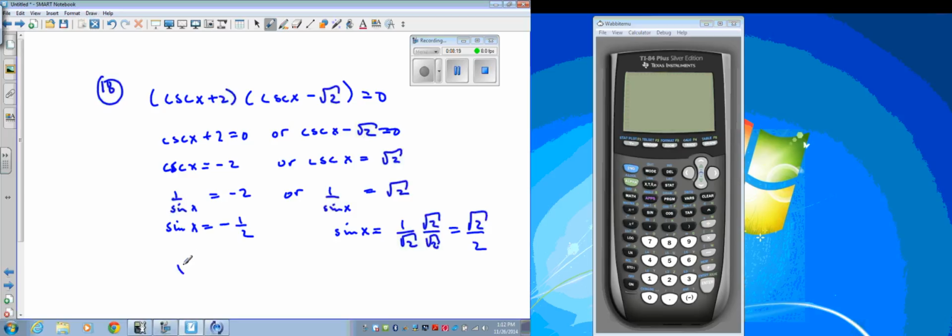So what values of x? Well, for negative 1/2, you have 7 pi over 6. Everyone agree? 7 pi over 6, 7 pi over 6 and 11 pi over 6.